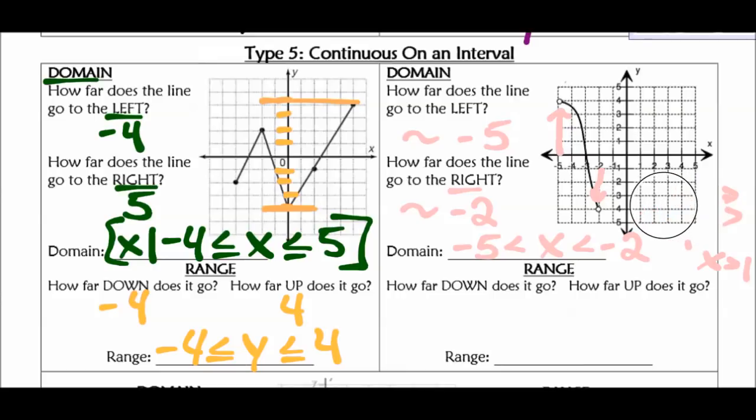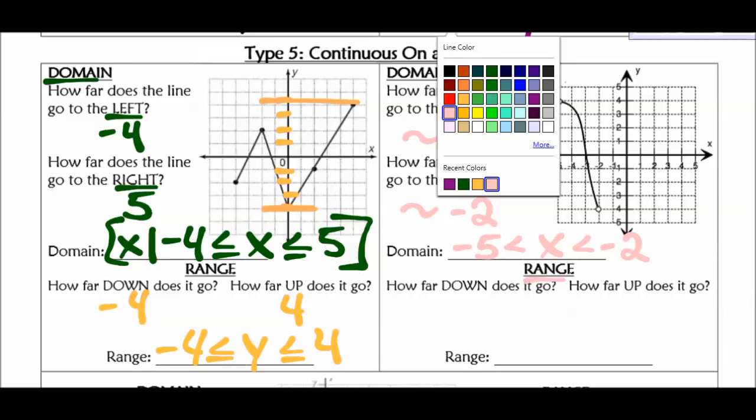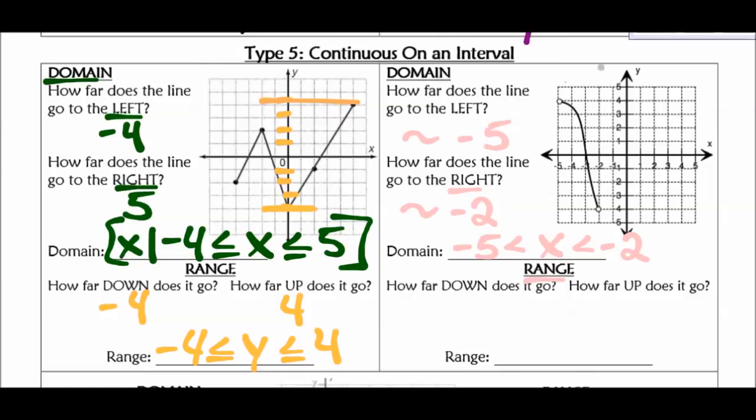Same kind of thing in the y direction for our range. So it gets down to -4, almost. And it gets up to +4, almost. So it's between -4 and +4.